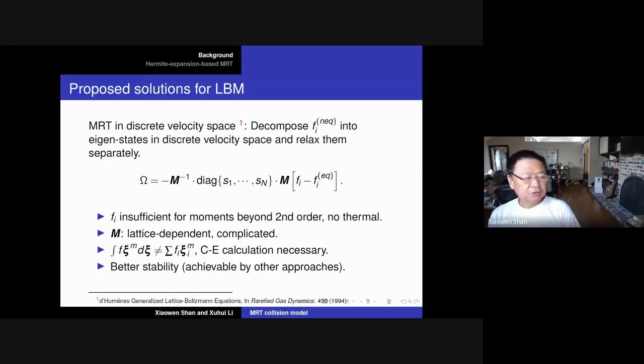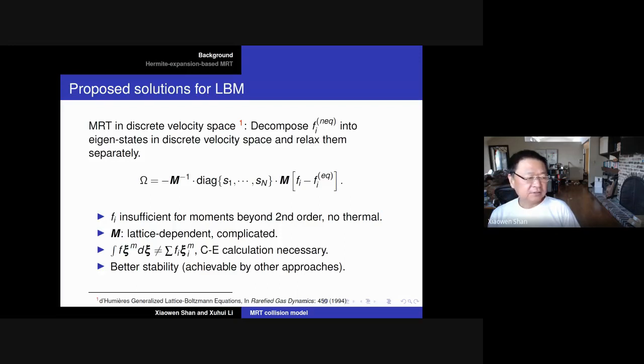And also the matrix M is lattice dependent. If you have a different lattice, you have more velocities, then you have to redo this eigenvalue decomposition, and it could be quite complicated. And the third problem is that we know the hydrodynamic equations are determined by the moments of your distribution function.